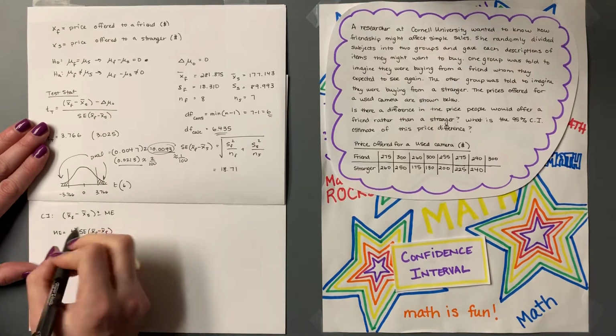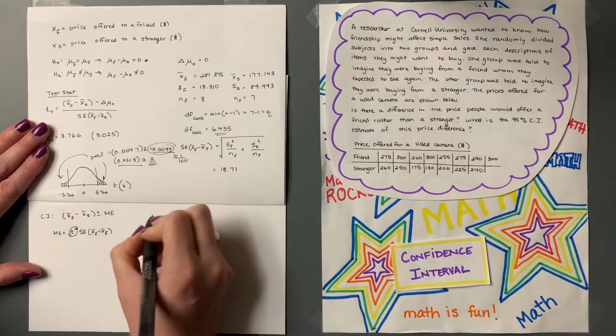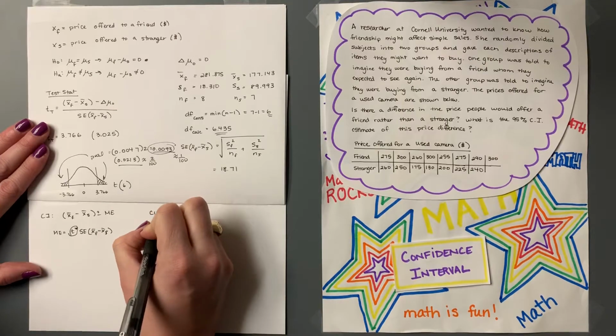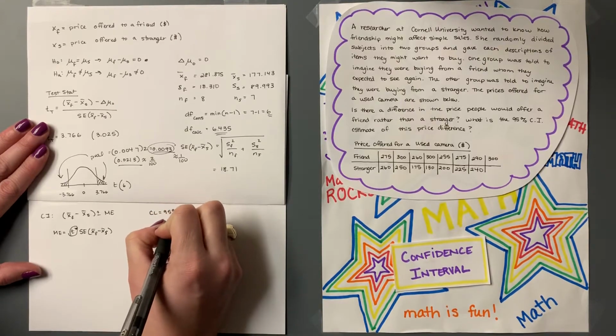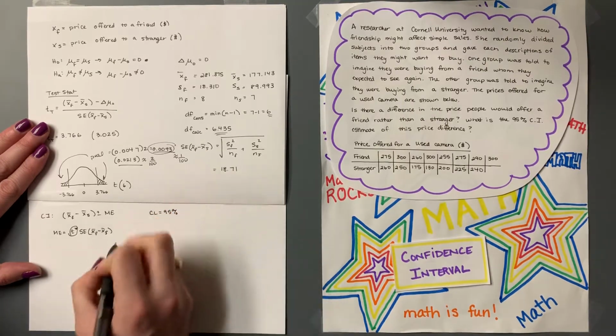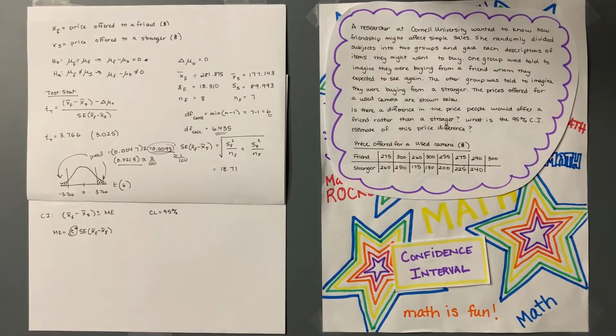So what we're really focused on here is that t-star value. So we know that our confidence level is 95%. I'm going to do this by hand, and then I'm going to show you how I would do this using my calculator.